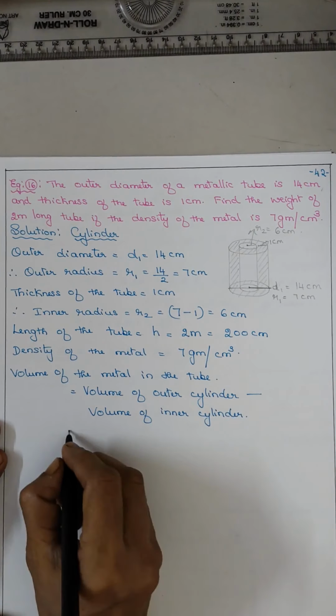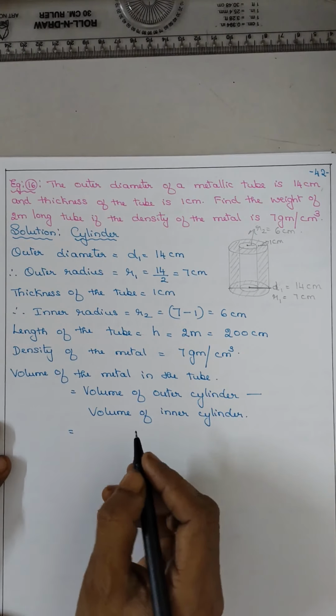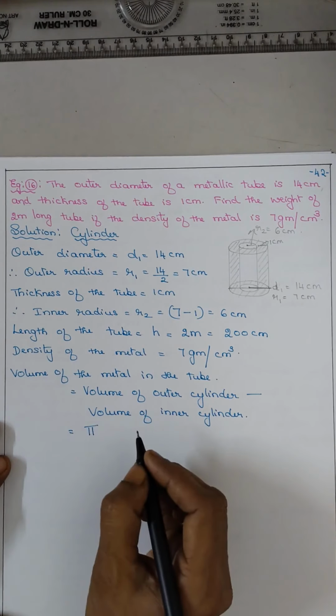Now we will put the formula. Volume of the outer cylinder, pi r squared h.